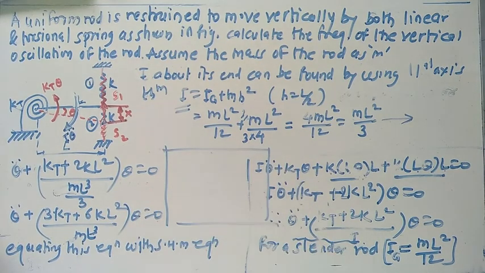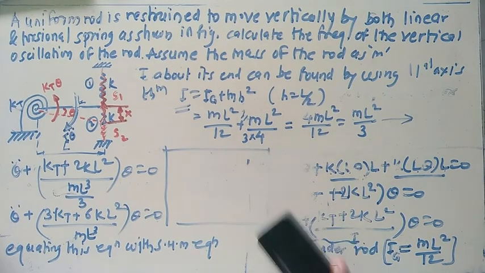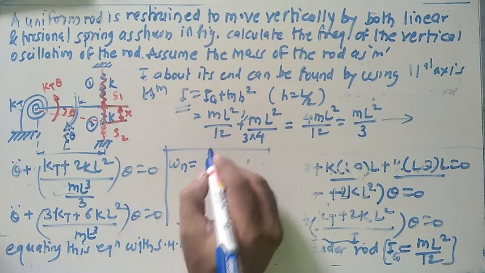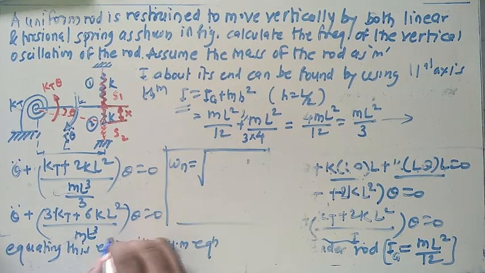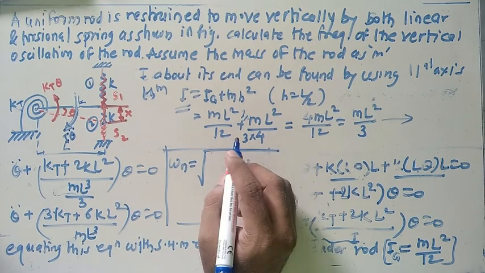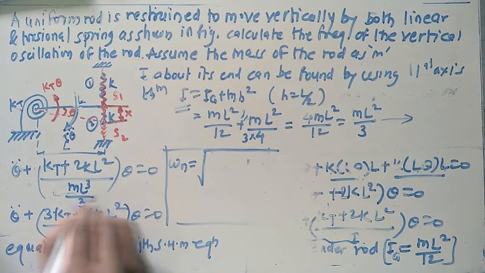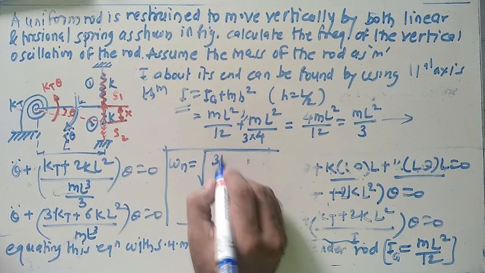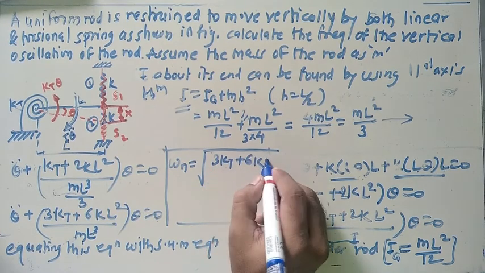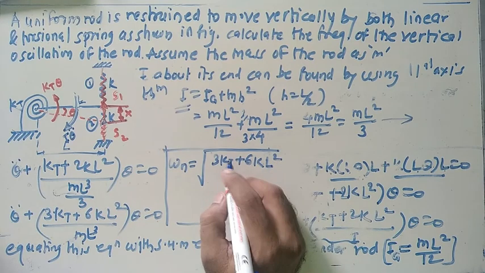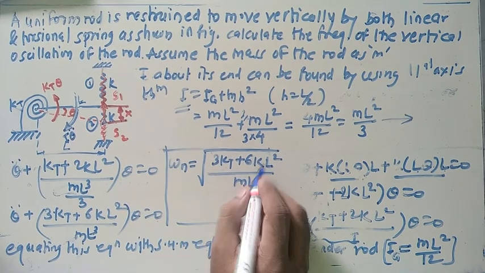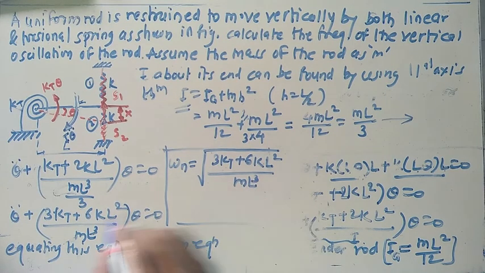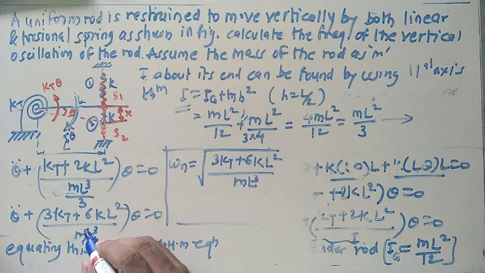So this term is nothing but omega n equals square root of this term, which is k by m. So omega n equals square root of 3 kt plus 6 k L square divided by ml square actually.